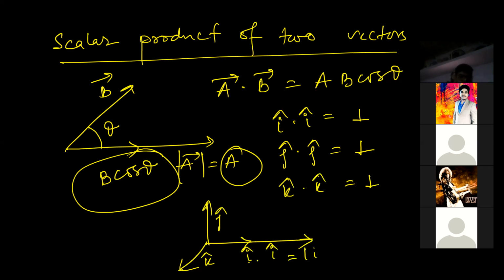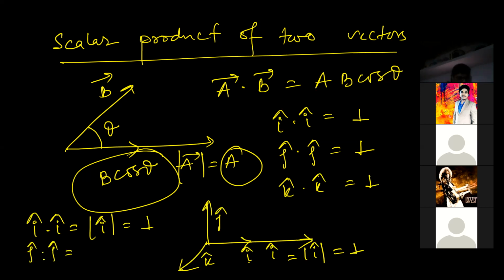Sorry, when two unit vectors are working along the same axis, their dot product is equal to the magnitude of the unit vector, which is 1. So whenever two unit vectors are multiplied, meaning we are finding the scalar product, it is equal to the magnitude of the unit vector, and that's why it is 1.